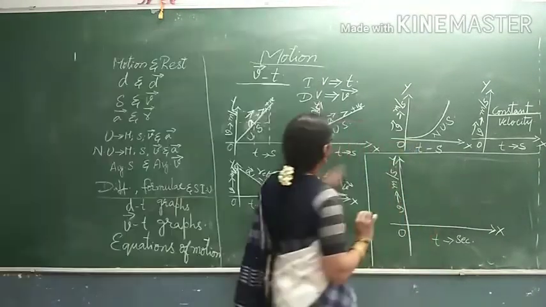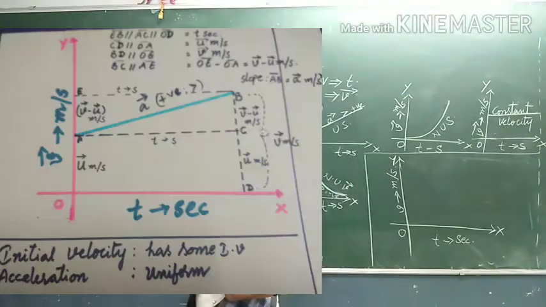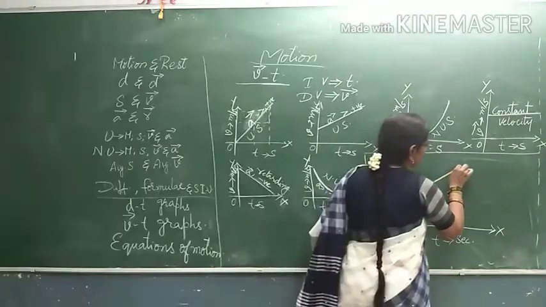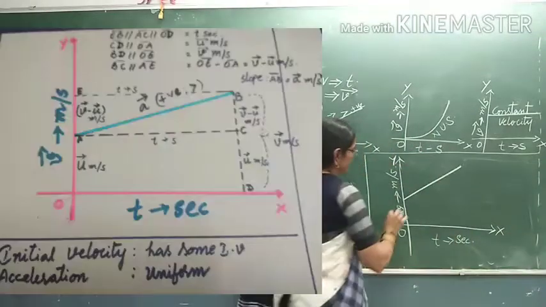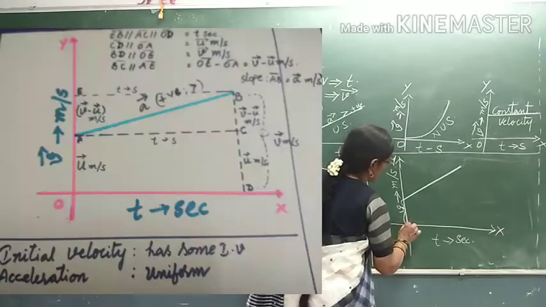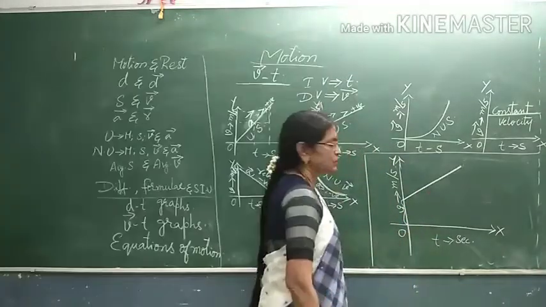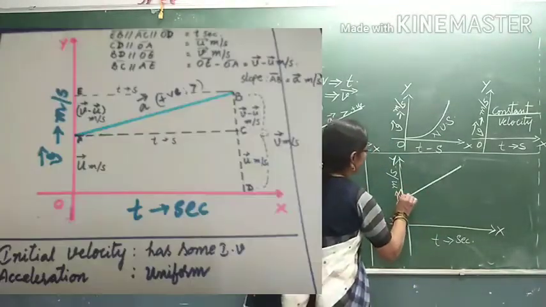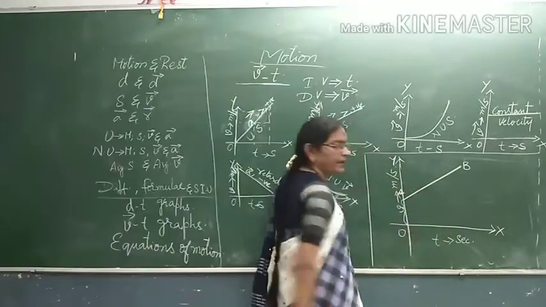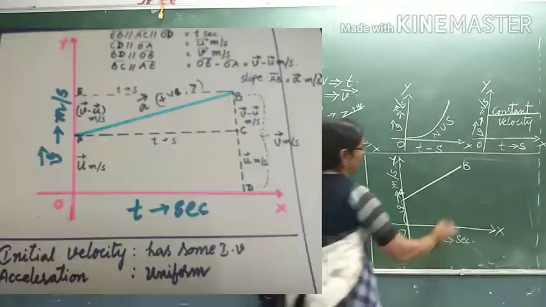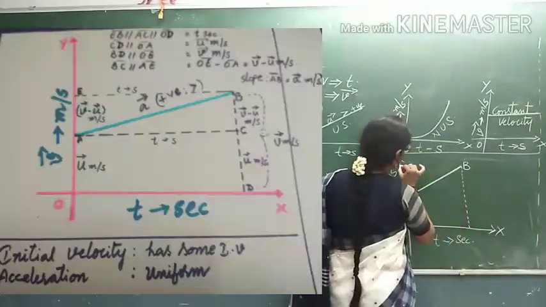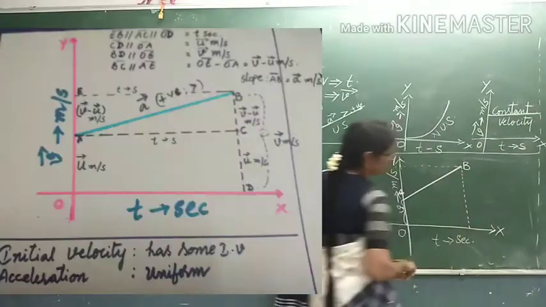So here the second graph is there. You remember that. Now I am drawing a slope here. See, this is what it is. Initial velocity. So the slope, take it as A and B. Now draw the perpendicular to the x-axis as well as the y-axis.